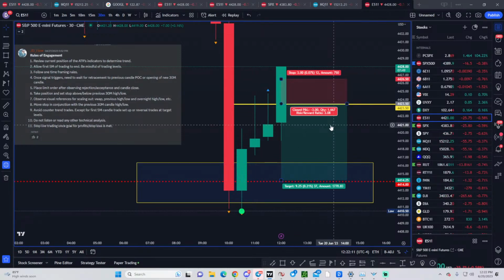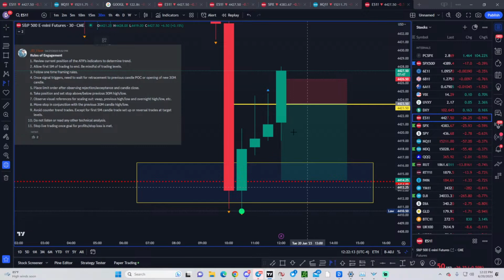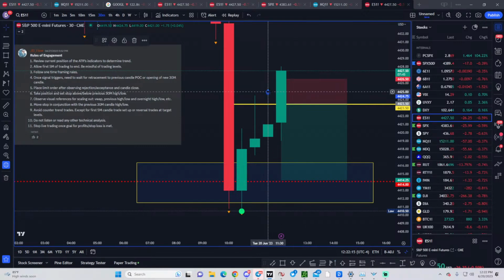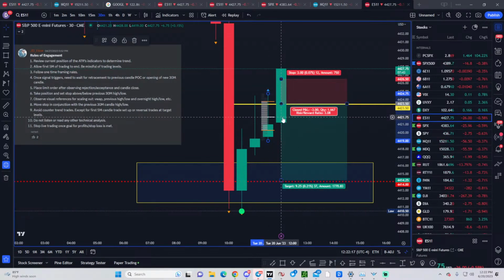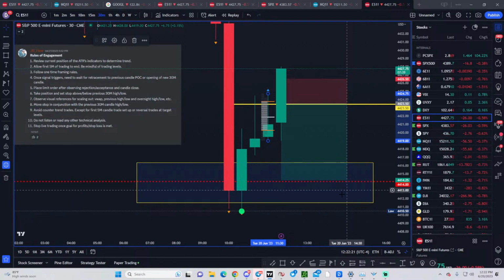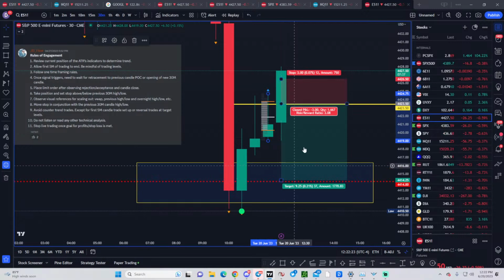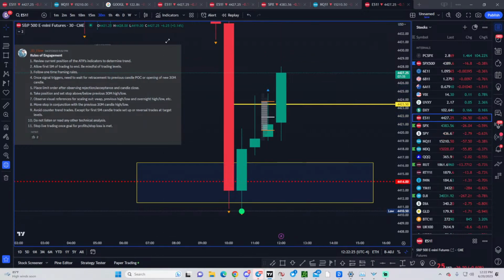And I told you that the POC for this candle here was 21.75. So this trade, we should be trading in the direction of one-time framing. The way this trade should have looked, it should have looked this way.